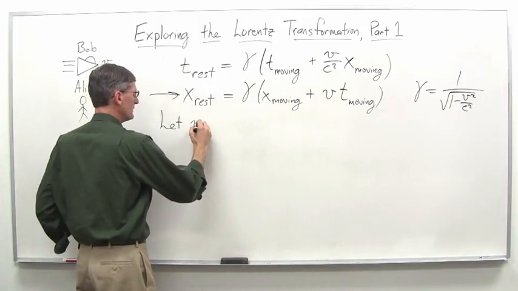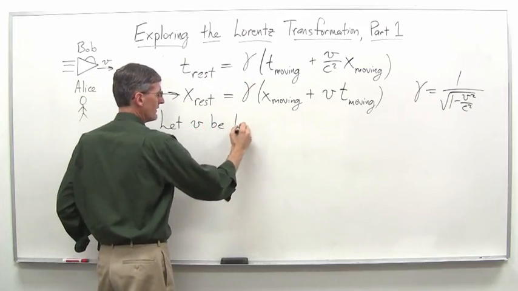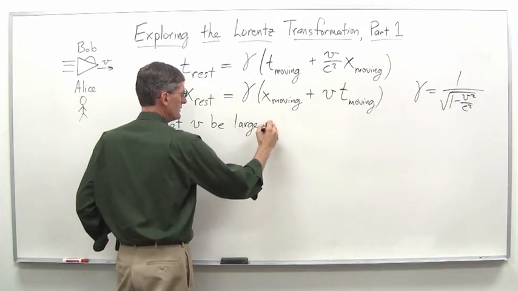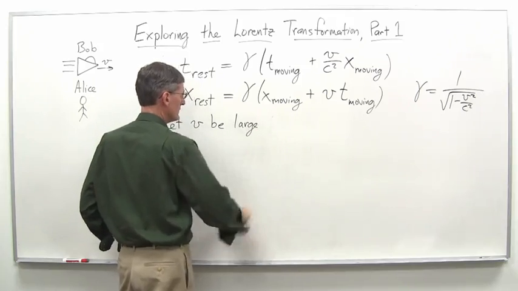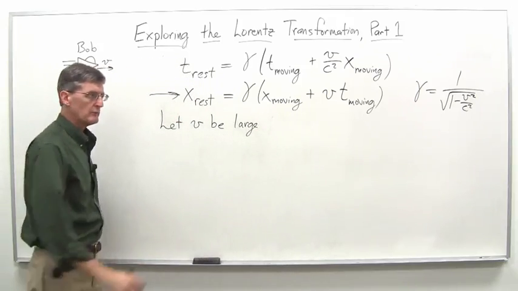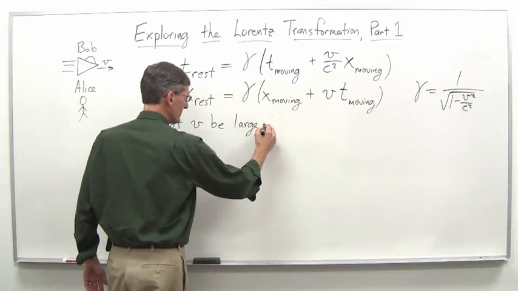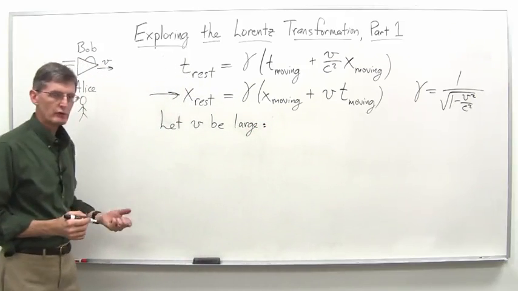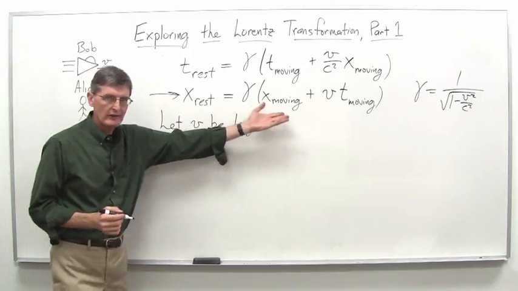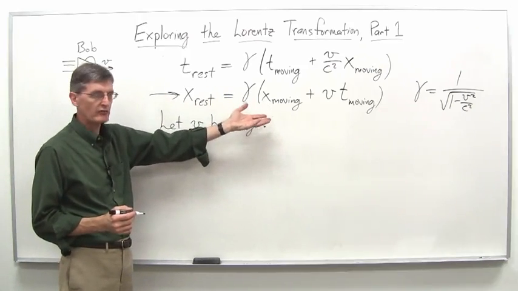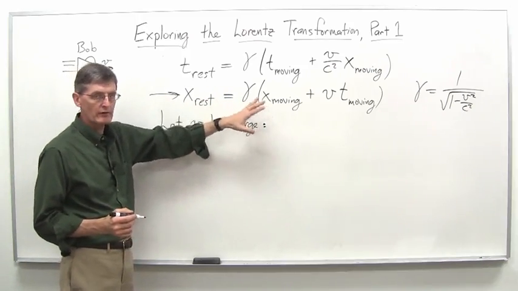Okay, so now what happens when we have velocity being large? Let v be large. Obviously not equal to c, but up there someplace. Then what do we have? Well, essentially we just have this equation. We can't do any simplifications of it. But let's split it apart and take a look at it.